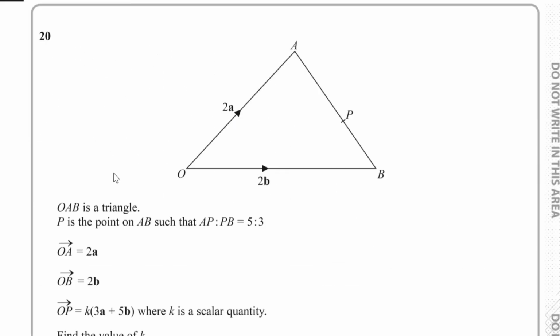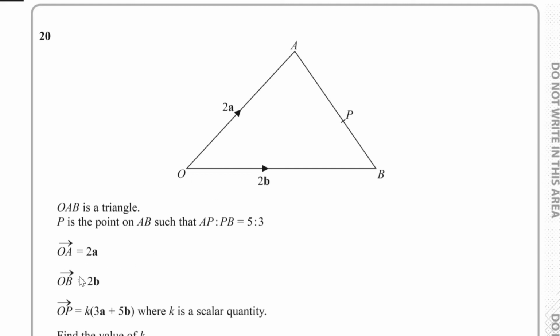Question 20. OAB is a triangle, that's what we see here. Point P is on the line AB, such that the ratio AP to PB is 5:3.